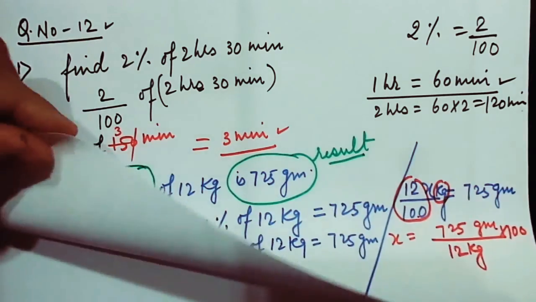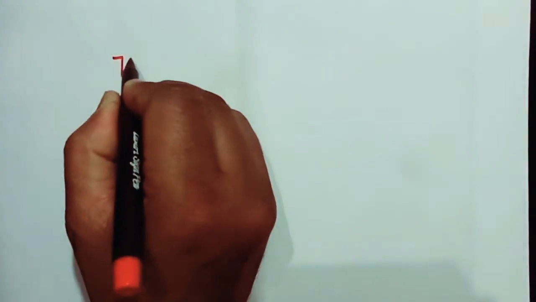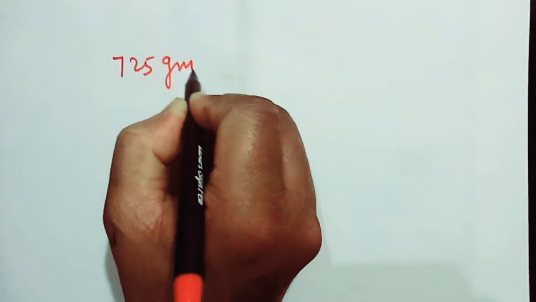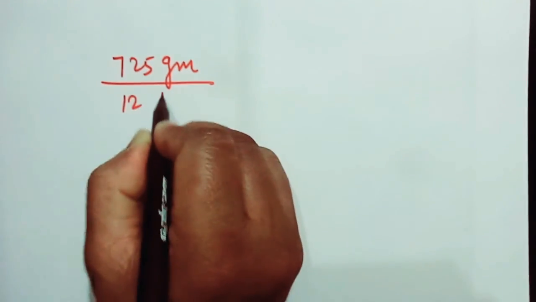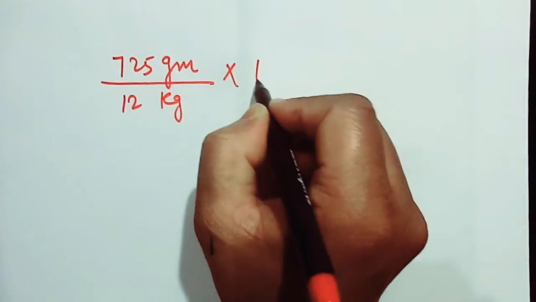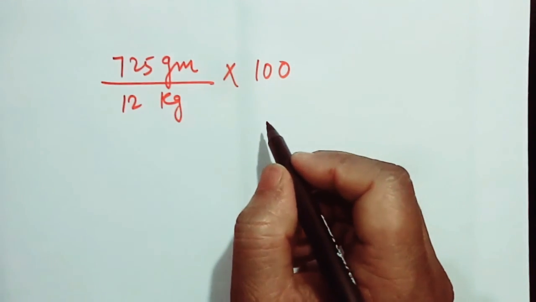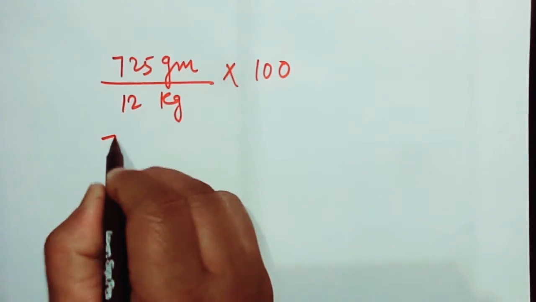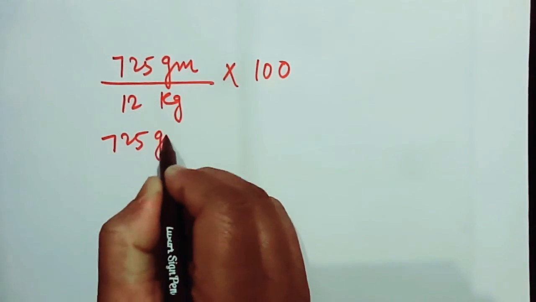So 725 gram by 12 kg multiplied by 100 will give you how much? 725 gram.